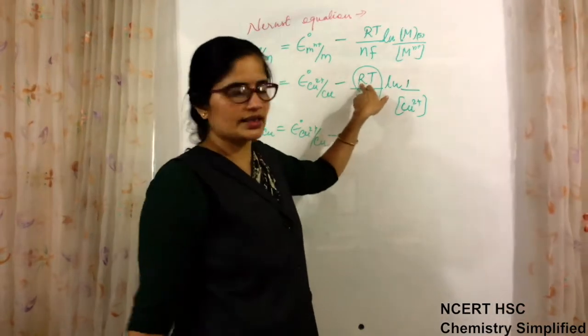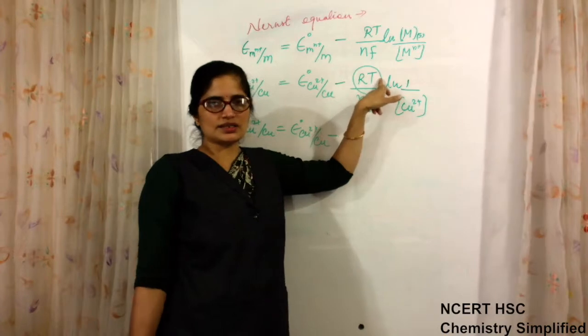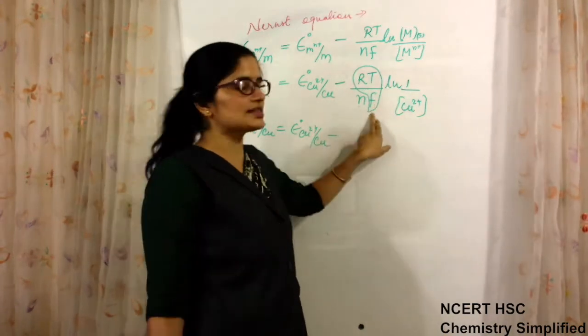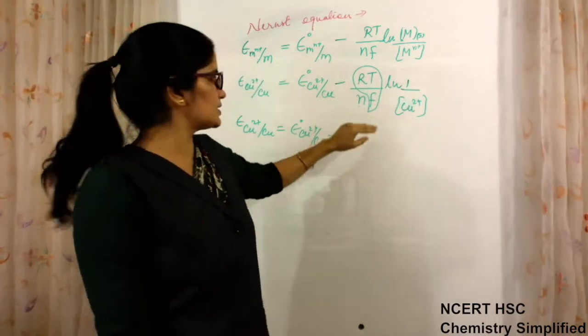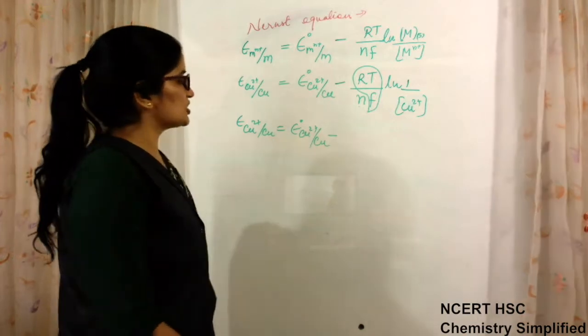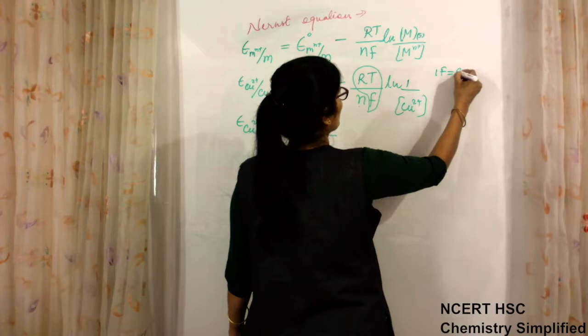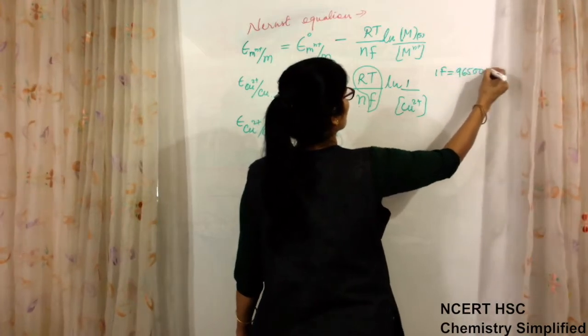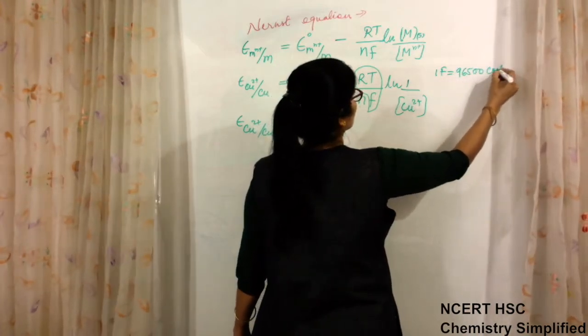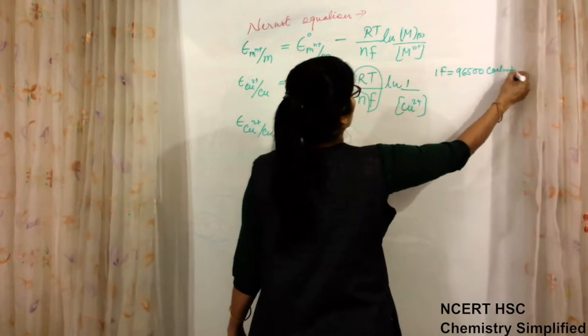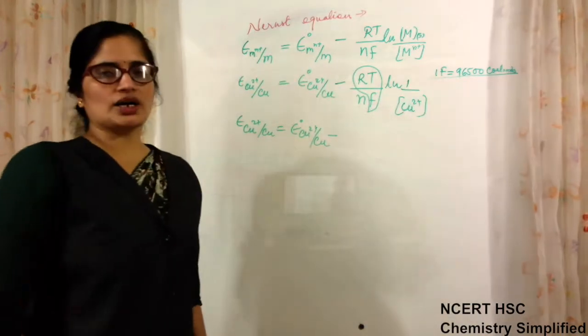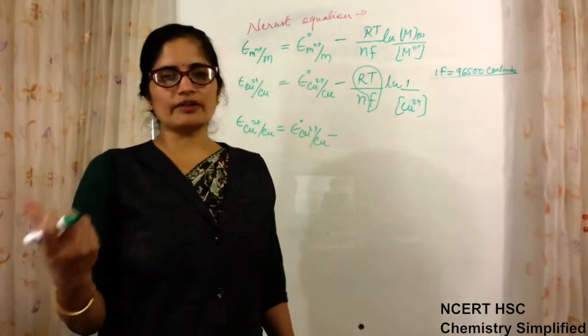R is the universal gas constant, T is the temperature in Kelvin, F is the Faraday. Faraday is the unit for charge, and 1 Faraday is equal to 96500 coulombs.